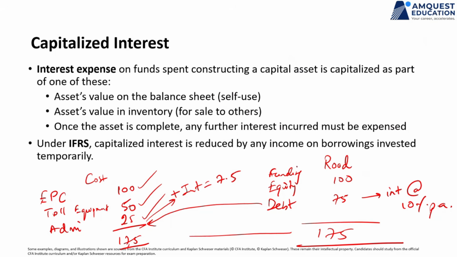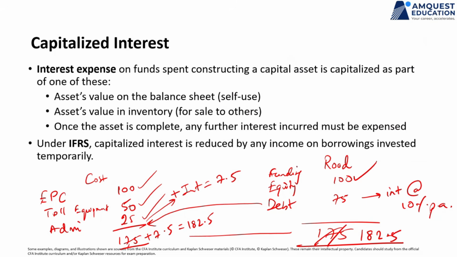You don't have the ability to pay. So it just gets accumulated on the balance sheet. You just add it to the balance sheet and say, okay, 7.5 is added to the cost of the project. So now your cost goes up by 7.5. This becomes 182.5.